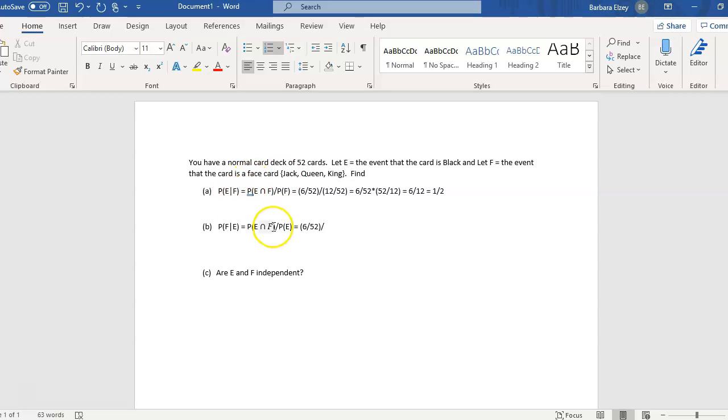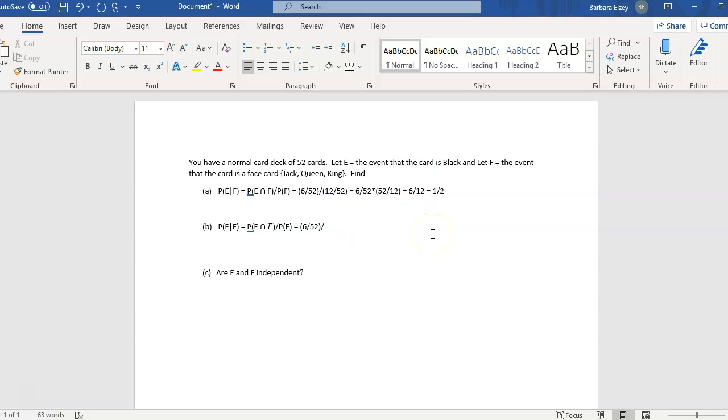Now let's do the probability of E, so the probability of getting a card that is black. Well, we have black spades. There are 13 of those in the deck from the ace all the way to the king of spades. And then we have the black clubs, again from ace all the way to the king, and there are 13 of those.